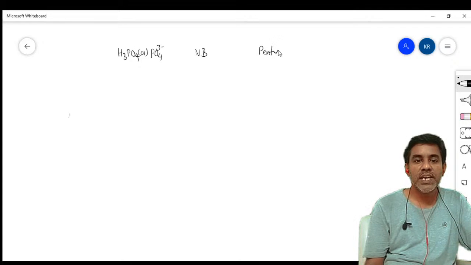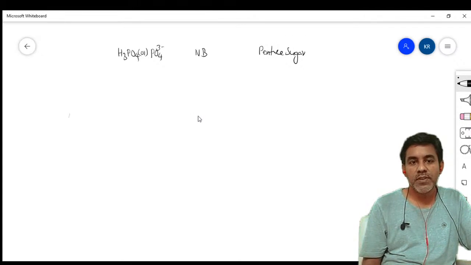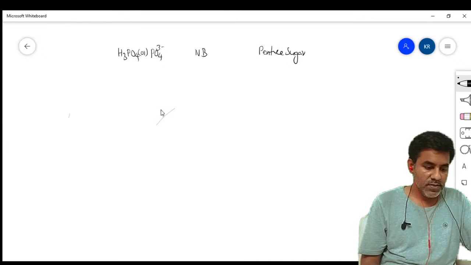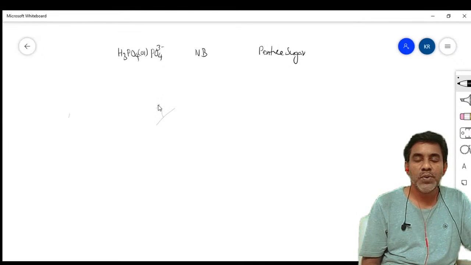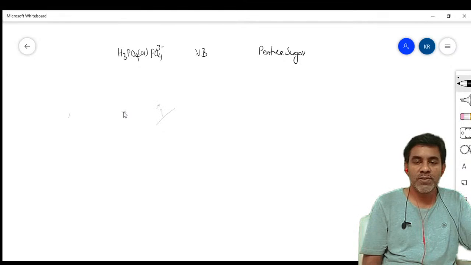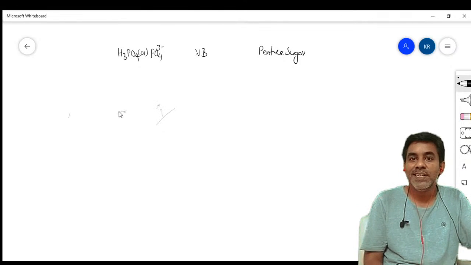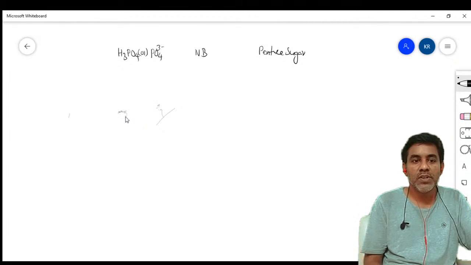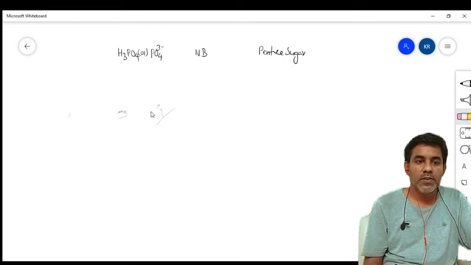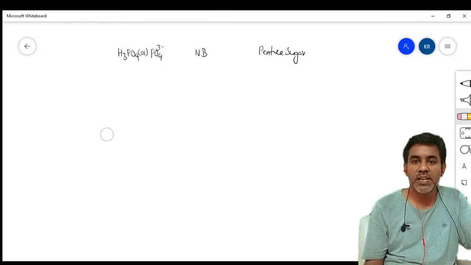So these are the three ingredients you need to draw the structure of a DNA molecule. We are going through the single helix structure only so that you can understand easily. If we go for double helix, you may get a bit confused. That's why I'm taking only the single helix structure.